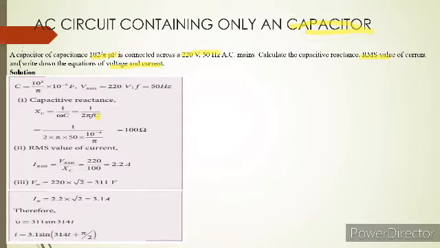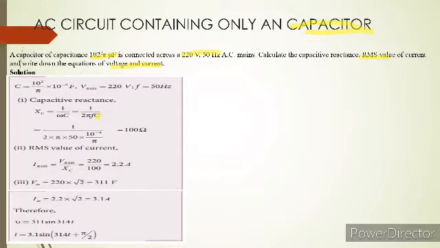Now by substituting these values, the frequency is 50 hertz and the capacitance is 0.2 pi microfarads, converted into farads.